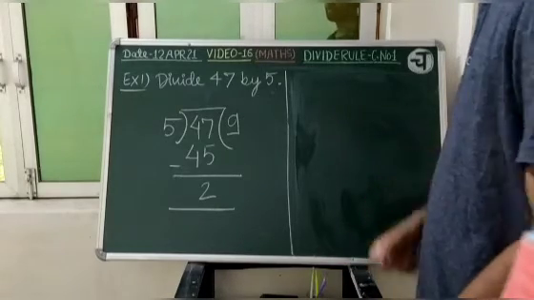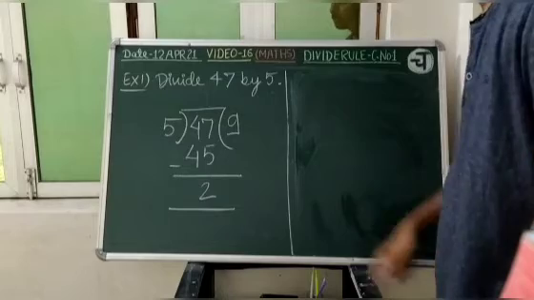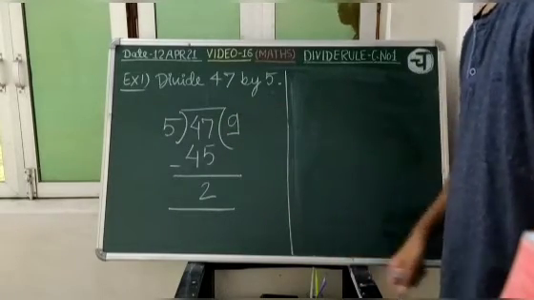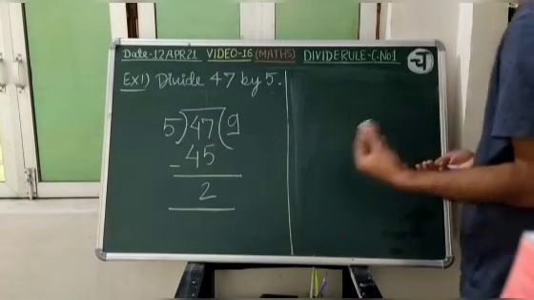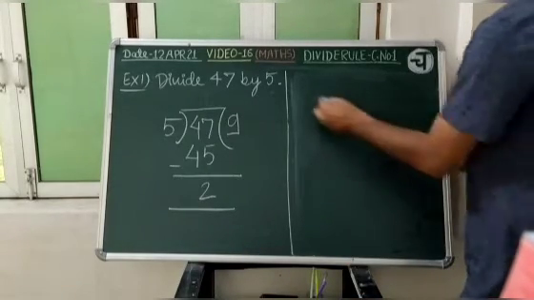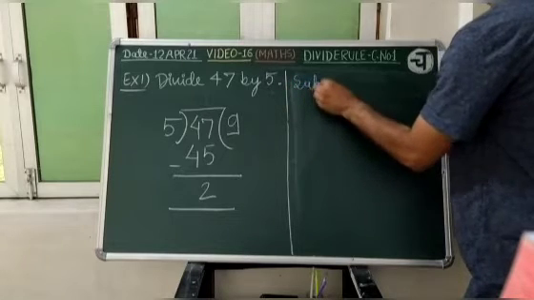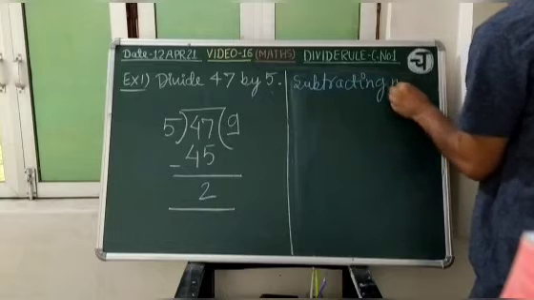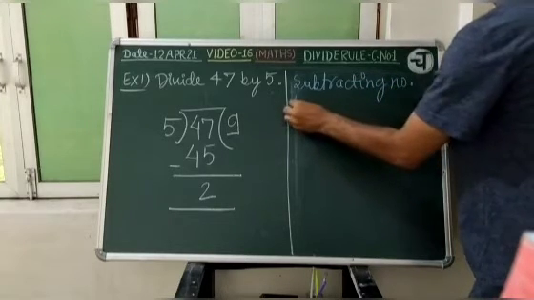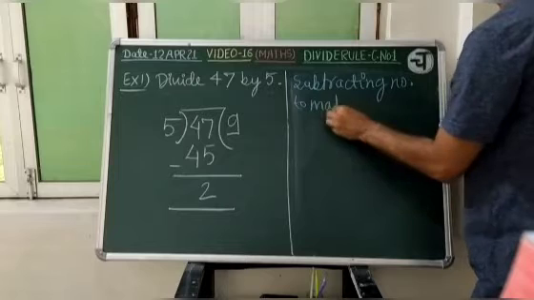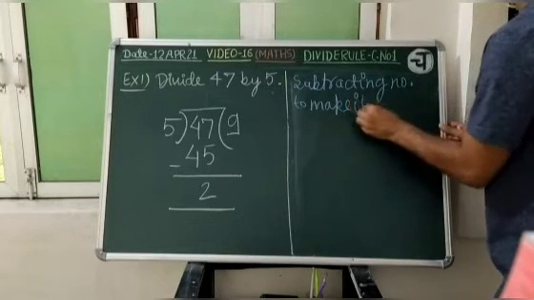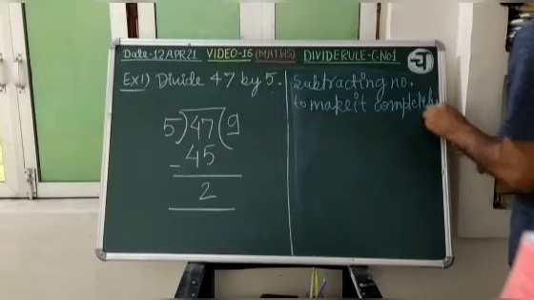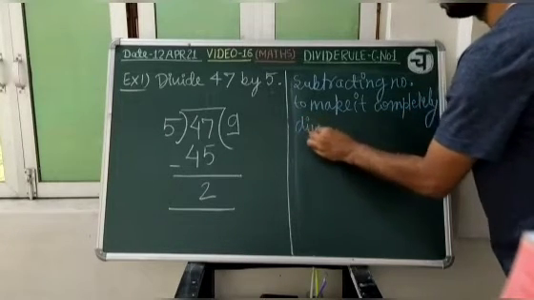Please try to think in your mind that if I want to make it completely divisible, what should be our subtracting number to make it completely divisible?